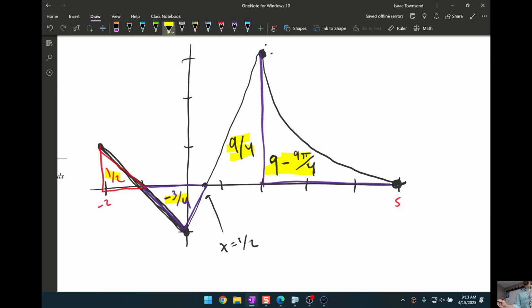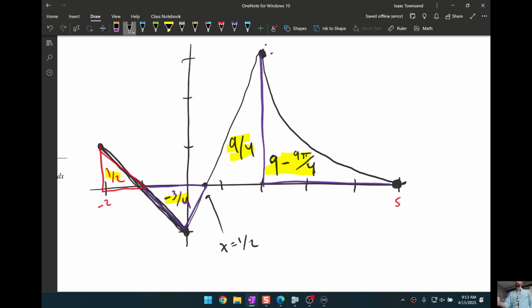I figured out this guy's area because he was a triangle, 1/2 base times height. This guy was a triangle, I did 1/2 base times height, but I made it negative. You remember why I made it negative? Right below the x-axis, so that's why it's negative. This one was a triangle, 1/2 base times height, and then this one was quite a bit different.